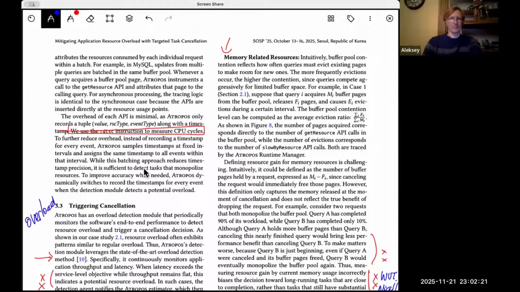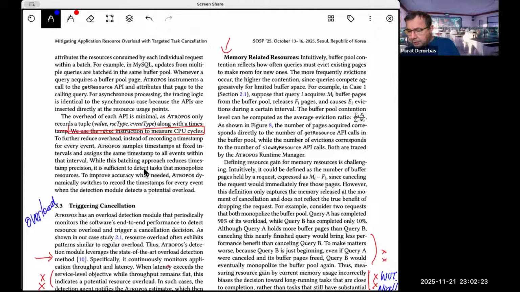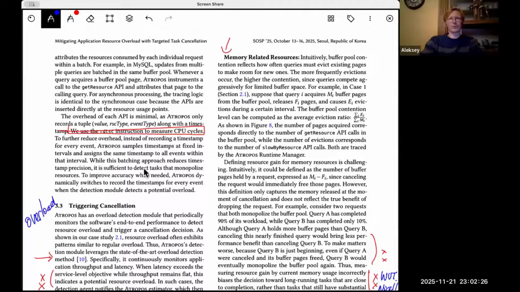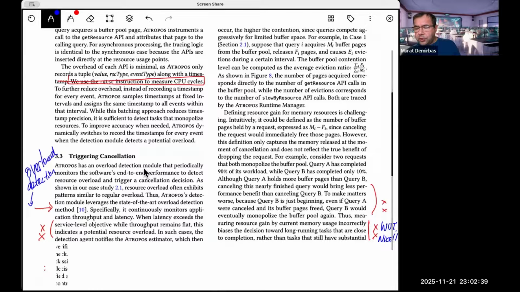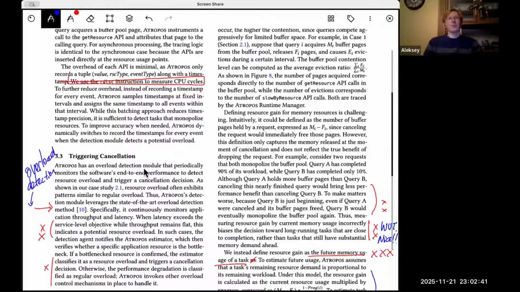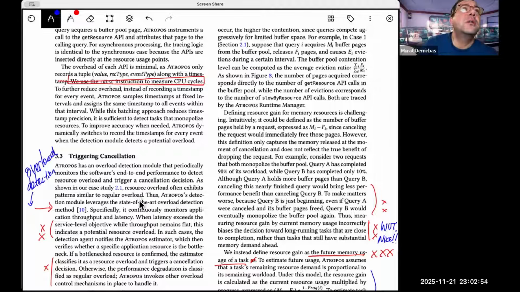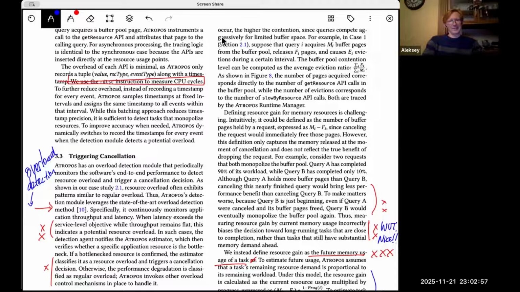Earlier they referred to this for the reason of detecting. For example, Breakwater adjusts admission based on observed queue and delay, making it effective for CPU and network overload. So not detecting, but dealing with that, right? That's the related work. We didn't get to it. Oh, I see. Okay.